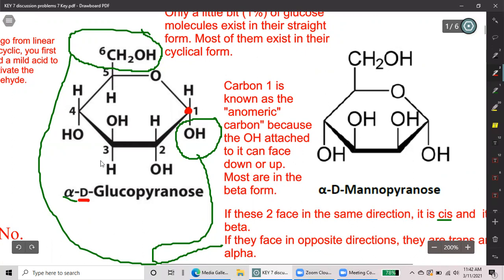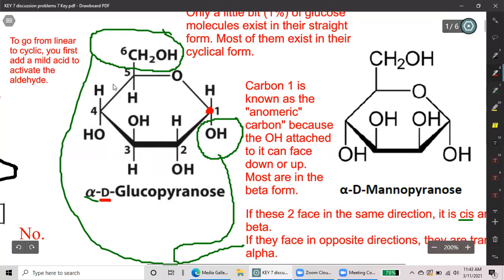So to determine whether something is alpha or beta, you look at your carbon number 6 and you look at your anomeric carbon, the group that is attached. If they're both going in the same direction, then that is cis and it's going to be beta. If they're going in opposite directions, then it's going to be trans and it's going to be alpha, okay?